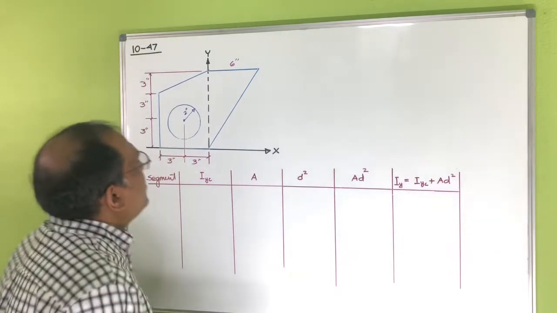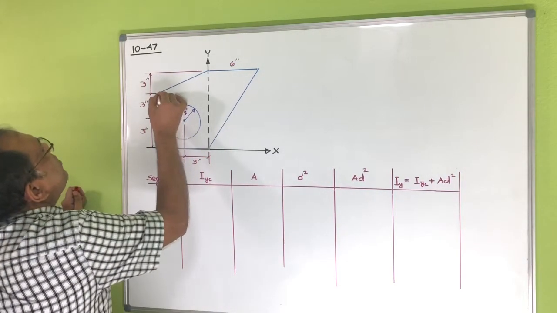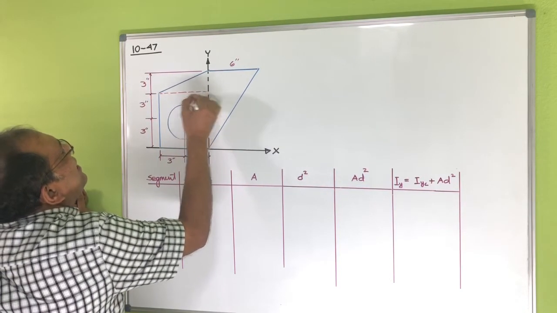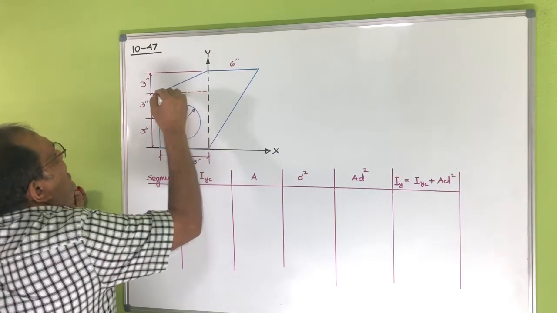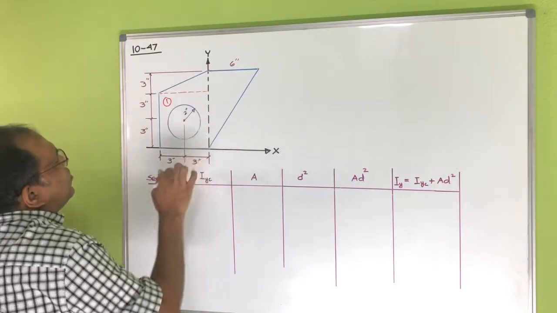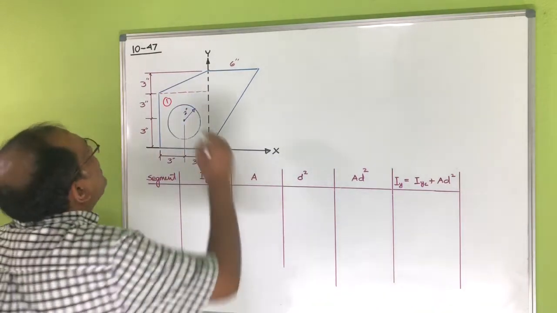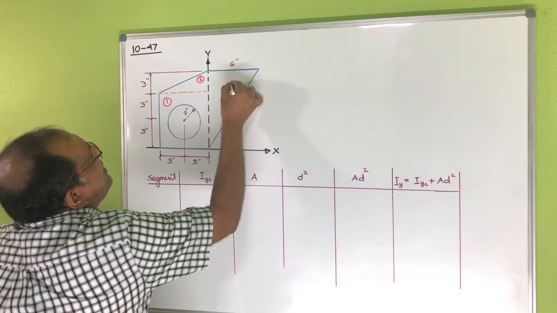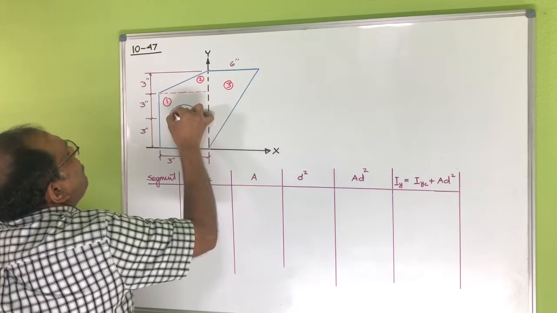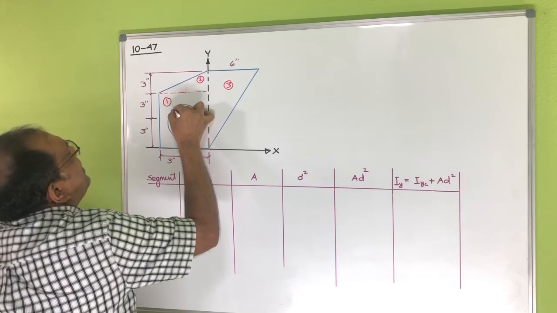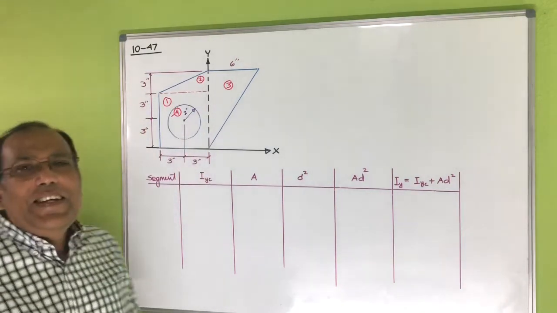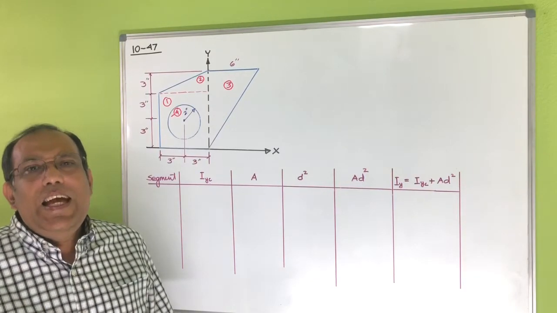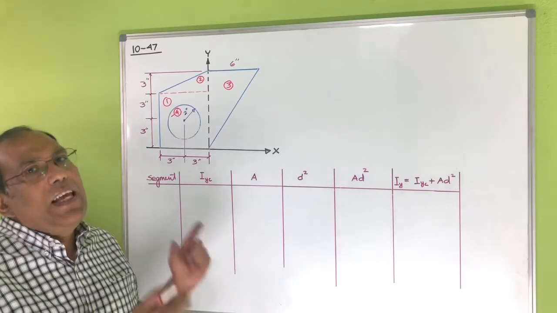So here let's say I'm assuming that this is a solid square, 6 square, plus this is 2, this is 3, and minus 4 here. Okay, so A1 plus A2 plus A3 minus A4, that's the area of the composite.